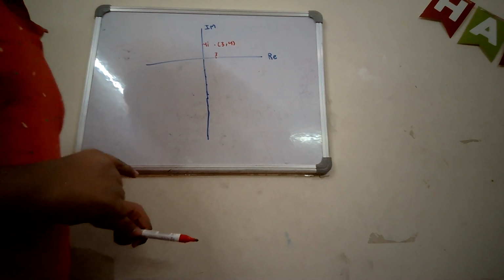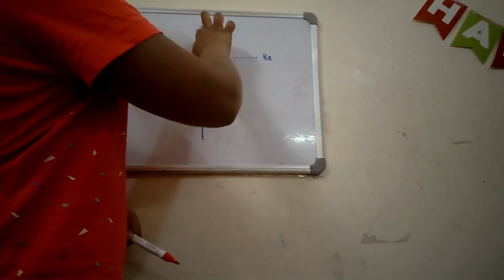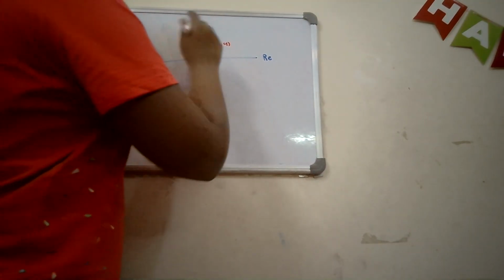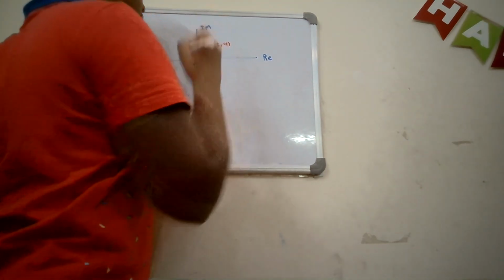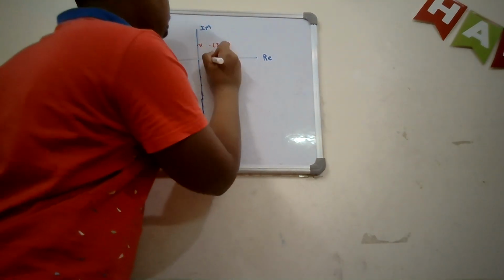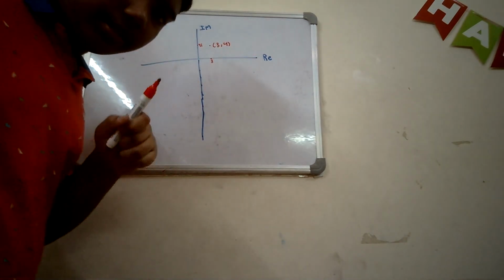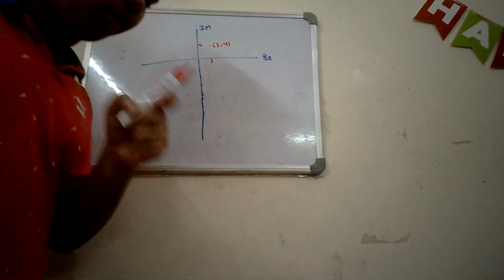Here's what I'm going to do. I'll make some space. If I have the points here, 4i and 3, I want to join these points. Now this is called the geometric representation of a complex number.